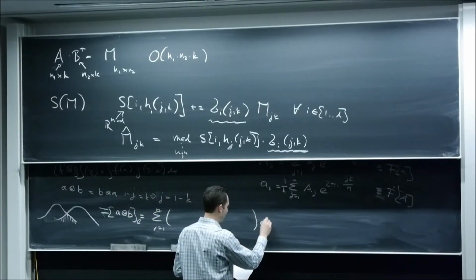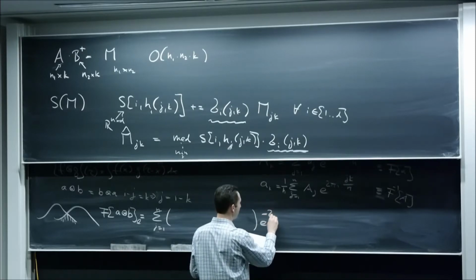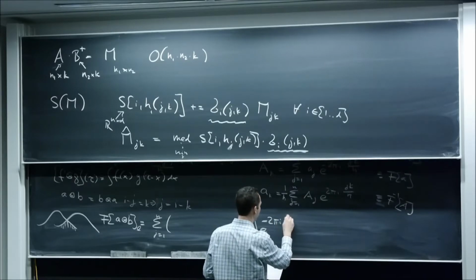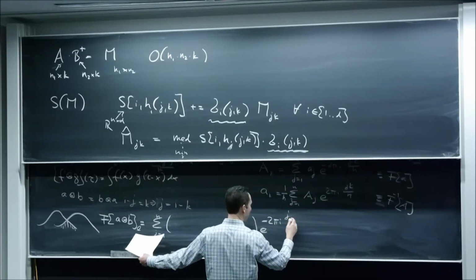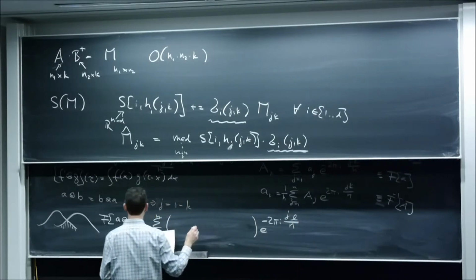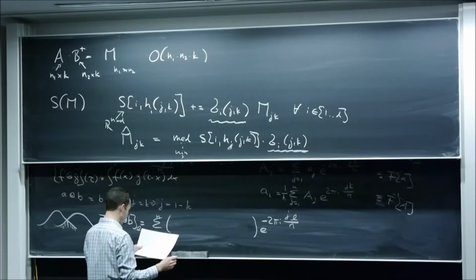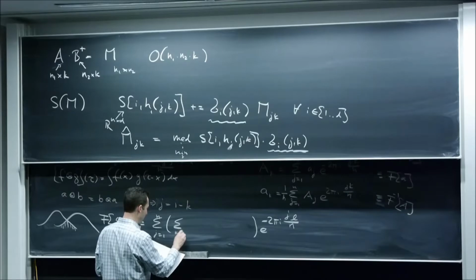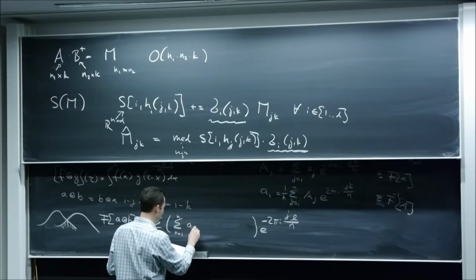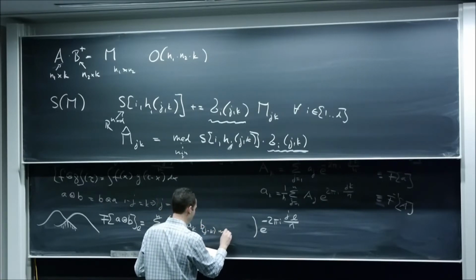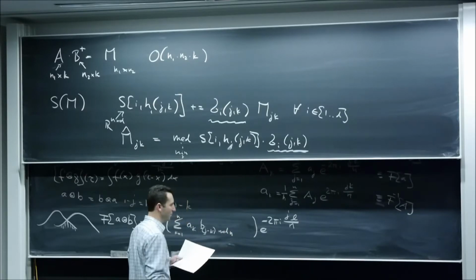So we have e to the minus 2 pi i j l over n. And now in here I need to plug in the definition of the convolution. So I have a sum over all the k's going from 1 to n, a_k b_(j minus k) mod n.